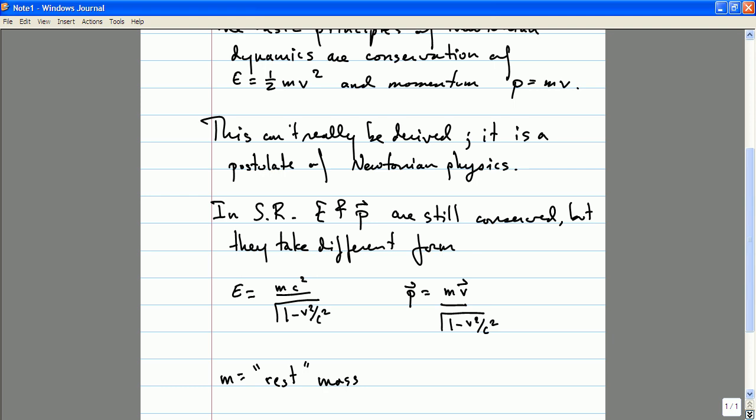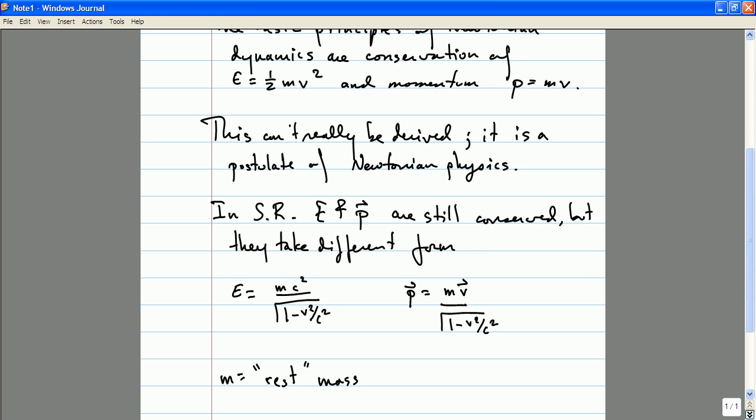I should comment here that this is the form of the energy and momentum of an object in special relativity, regarded as a function of its mass, its rest mass, and its velocity. And so this relativistic factor, the square root of 1 minus v squared over c squared, is appearing in a slightly different context from which it has appeared earlier in this course.